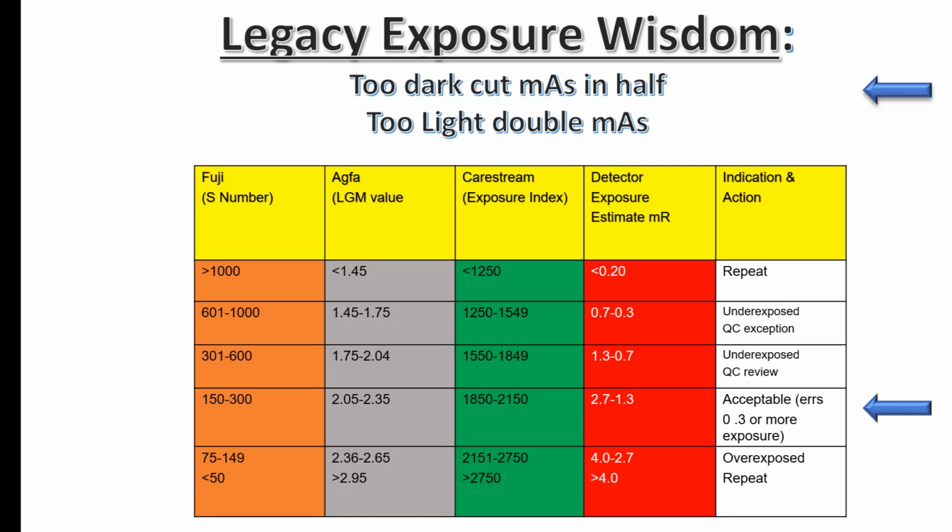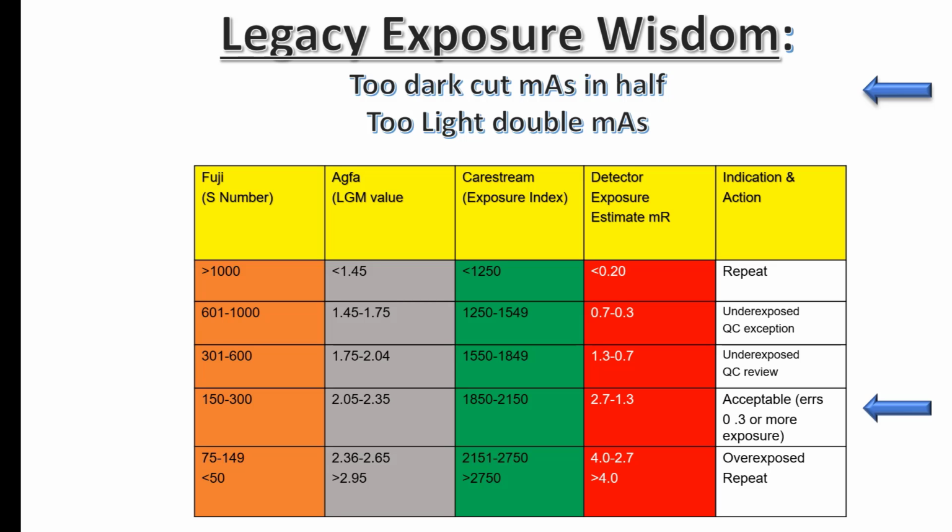Remember I said in the olden days with film screen, if it was too dark, you cut the mass in half, or you reduced the exposure by 15% of the kVp. And if it was too light, to compensate for it, you doubled the mass or increased the exposure by 15% in kVp. Today we use exposure index. The problem with the exposure index indicators is each one is specific to the manufacturer and they all have proprietary information.